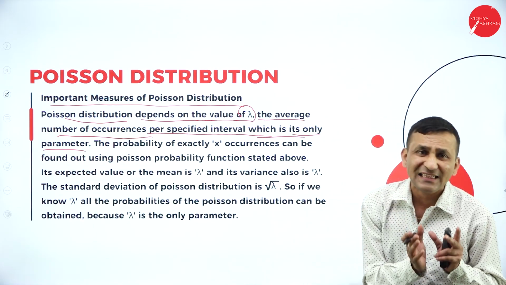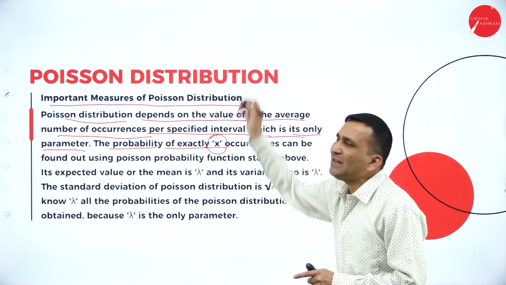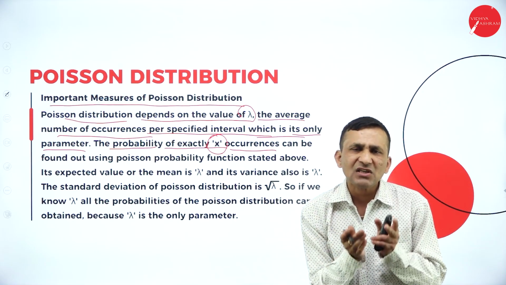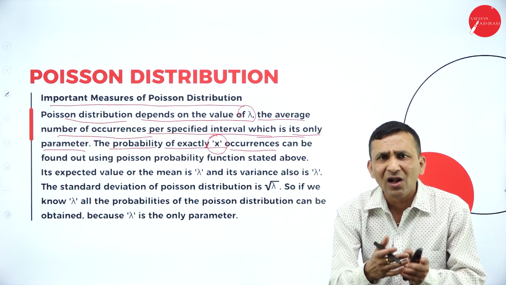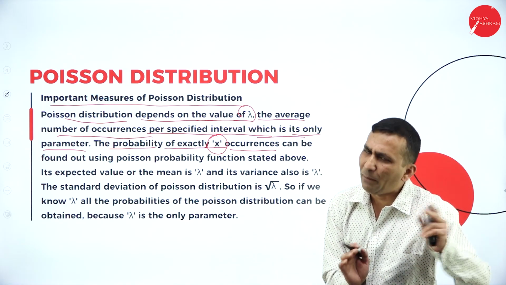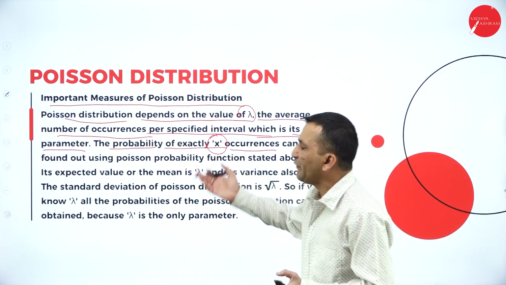The probability of exactly x, starting from 0 occurrences, means non-occurrence. When you are expecting a head, that is related to binomial, but when you are not finding it, it goes for 0.